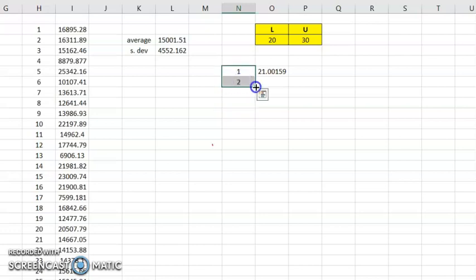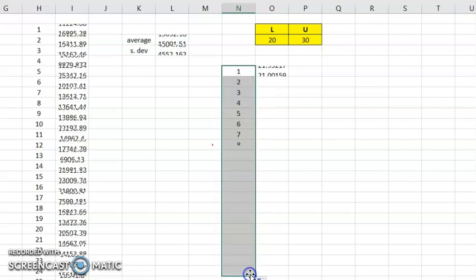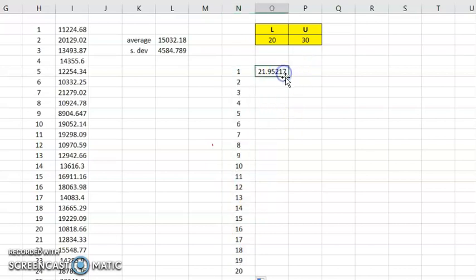So I'm going to create 20 random numbers, and we need to freeze them first. So I'm going to freeze them with the dollar sign. Hopefully you have learned these things in MIS 161.